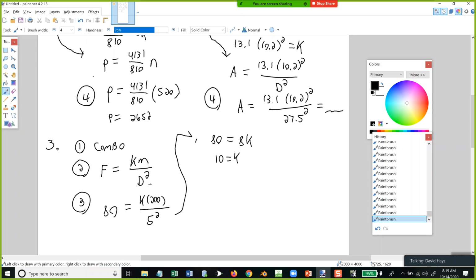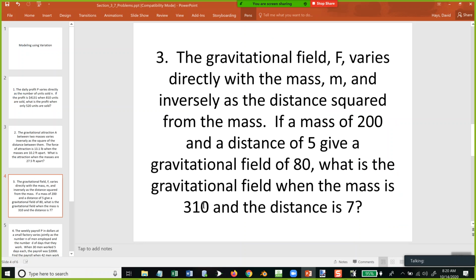And then plug that into this equation right here. So F is equal to 10m over d squared. And then find what they really want. What is the gravitational field?